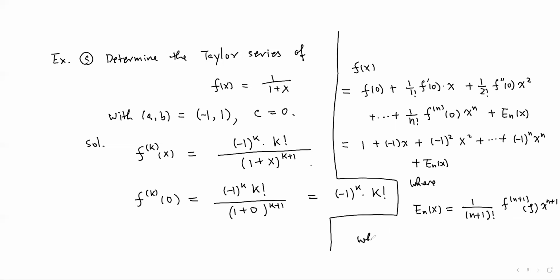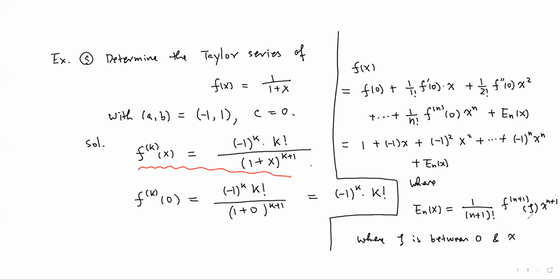Okay, where psi is between, I don't know, x is greater than 0 or not. So what I can write is between 0 and x. Psi between means not equal. Okay, psi cannot be 0, cannot be x. Then I plug in the derivative.